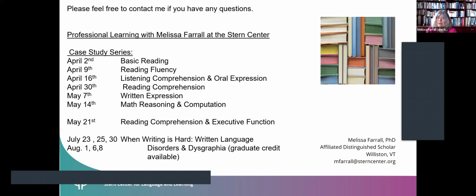I do want you to know I'm doing a case study series where what we're going to do is look at a case kind of in the same way we peel an onion. We're going to look at different levels. We're going to start with reasons for referral and background history, and we're going to look at progress monitoring data, those kinds of scores, and we're going to just talk a little bit about what that tells us. And then we're going to fold in another level of actual achievement testing.